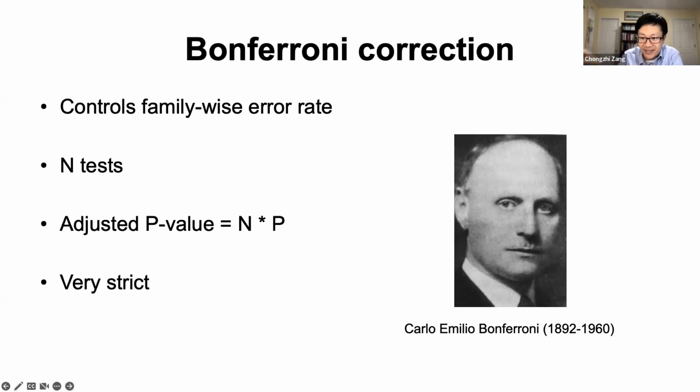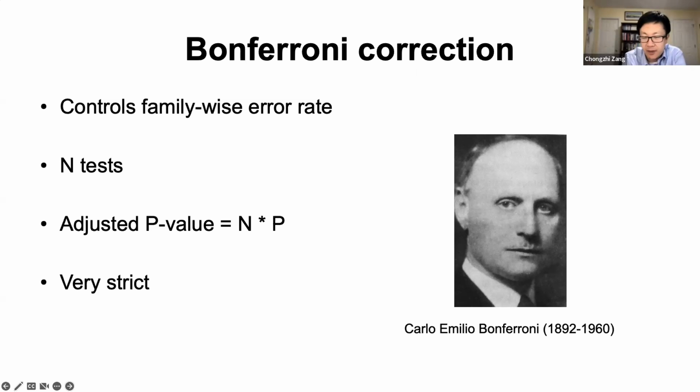So if we do the test 20 times or 100 times, there is a high chance that some of them are not true, or are from the null hypothesis. So multiple testing correction is a way to adjust the p-value itself, so that after this adjustment, we can still use the original cutoff to select the significant from the non-significant. Did that answer your question? Yes, thank you. Okay.